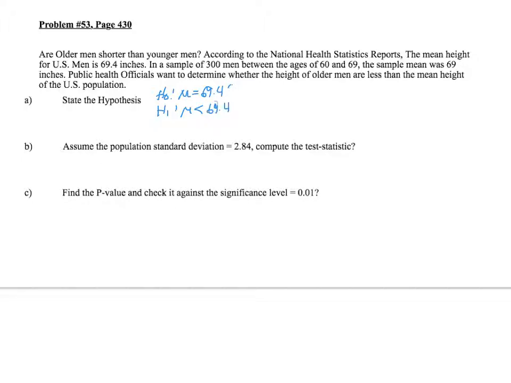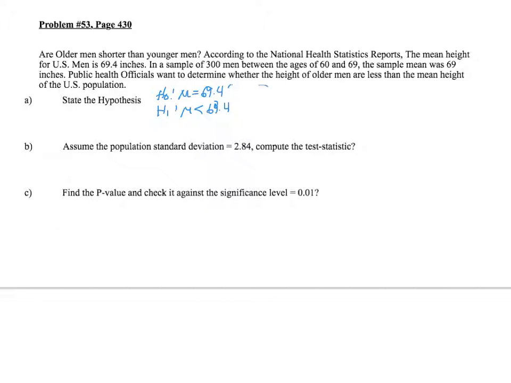I apologize for my bad scribbling here, but it's hard to use on this machine. Anyway, there are pieces of information we want to write down before we compute the test statistic.